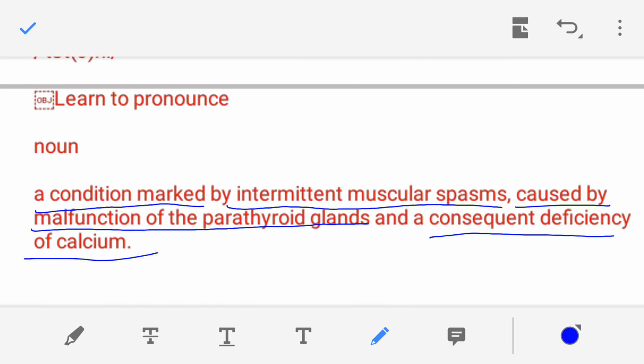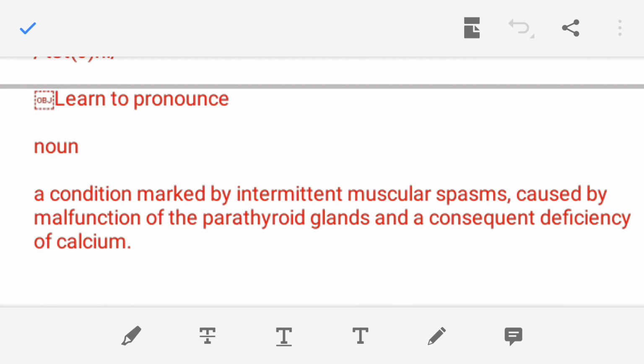From this definition we can make out that in a tetany patient the parathyroid glands are not working properly. They are not secreting the hormone properly, and there is a deficiency of calcium. Due to that, muscular spasm is occurring.